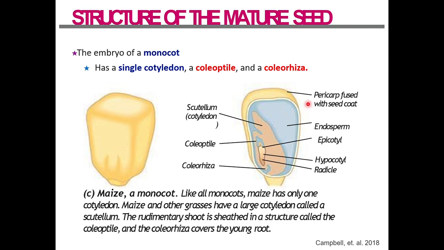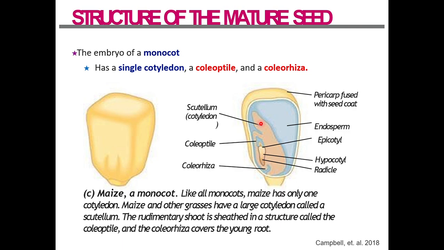The embryo of a monocot has a single cotyledon, a coleoptile and coleorhiza. This is the seed of maize, a monocot. Maize has only one cotyledon, a single cotyledon. Maize and other grasses have a large cotyledon called the scutellum.